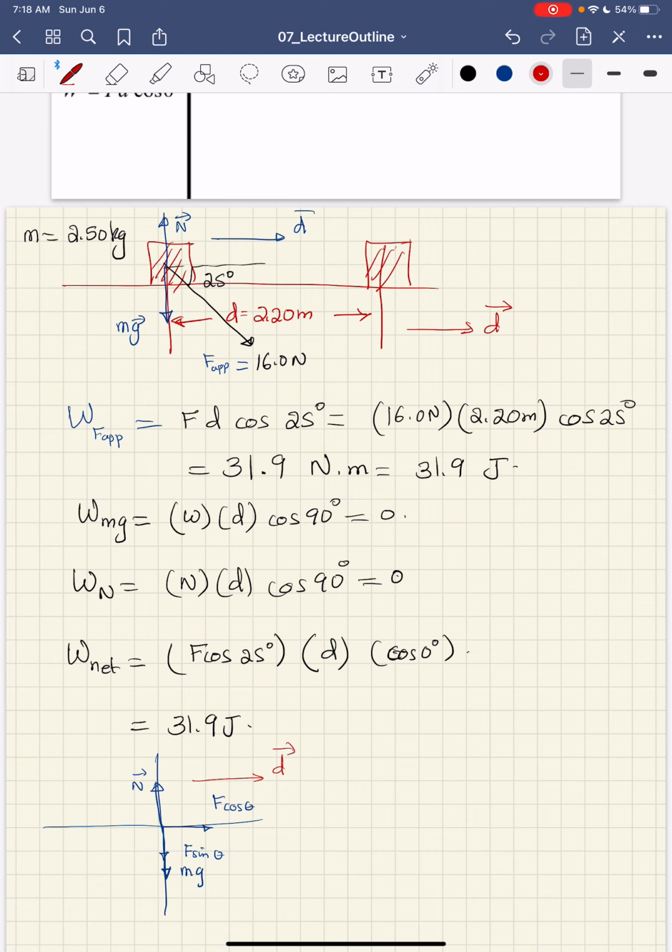These F sine theta and mg, both of them are at 90 degrees, so they will not do any work. And the normal also is not going to do any work. The only force that is going to do work, and the net force on the object, is F cosine theta, because the normal here equals F sine theta plus mg.